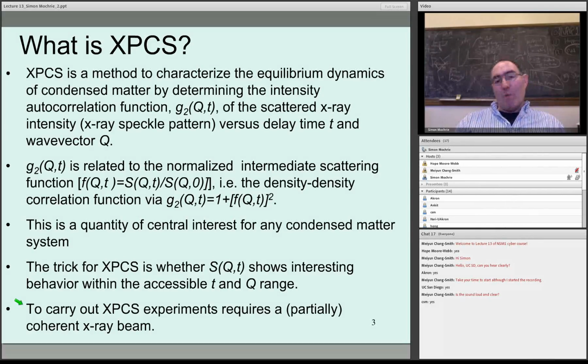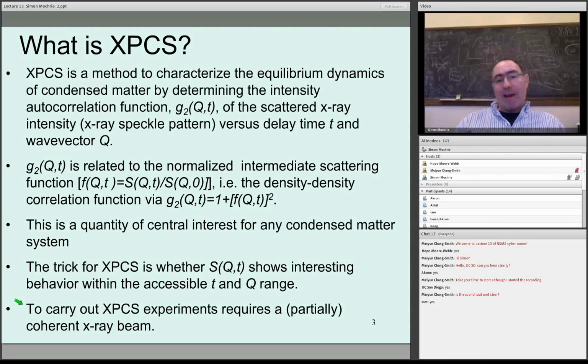If you can monitor the characteristic time on which the speckle pattern varies, then you can characterize the characteristic times on which your sample is moving. And so that's the way you get access to the characteristic times of your sample, by monitoring the characteristic times of the speckle pattern that your sample is giving rise to.